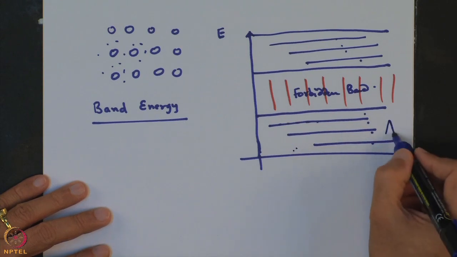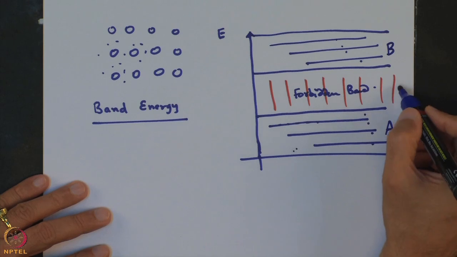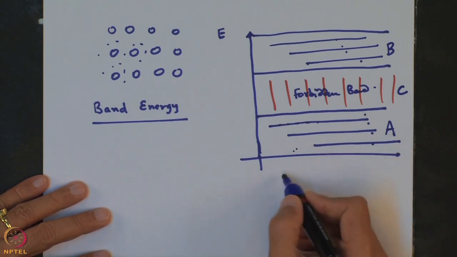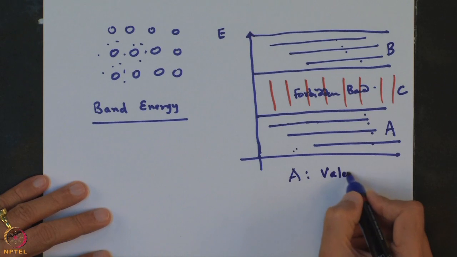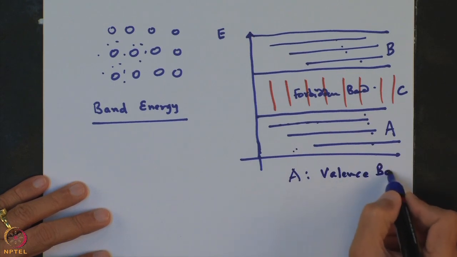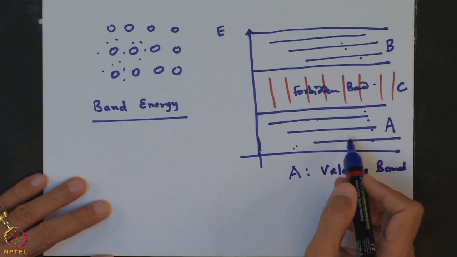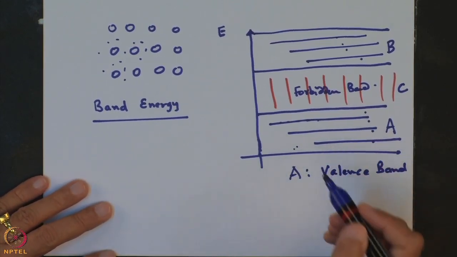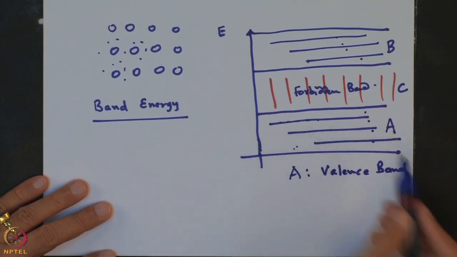Let me call this A, this B, and this C. C is the forbidden band, we have seen. A is the valence band. This band contains all the electrons which are stuck with their parent atoms, bound to them and not free to move.